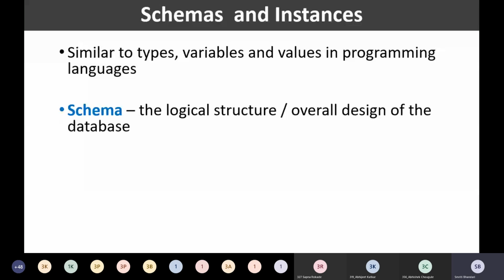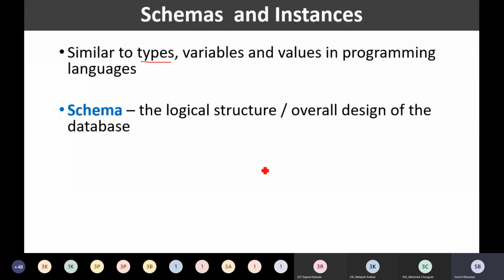Whenever we design our database, as we mentioned earlier, at the logical level we define the type of the records and the data types of the elements. Those comprise the definition of that record.